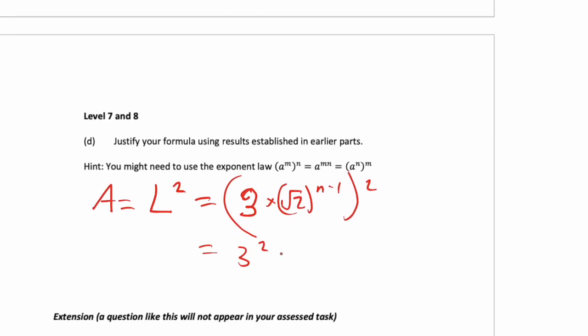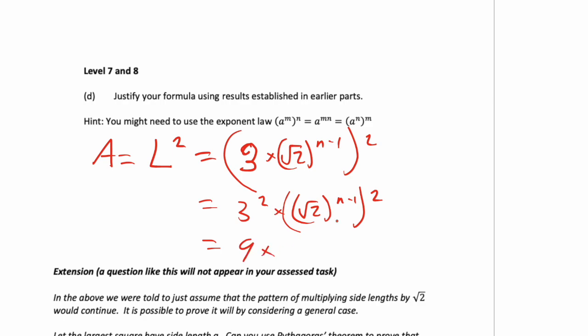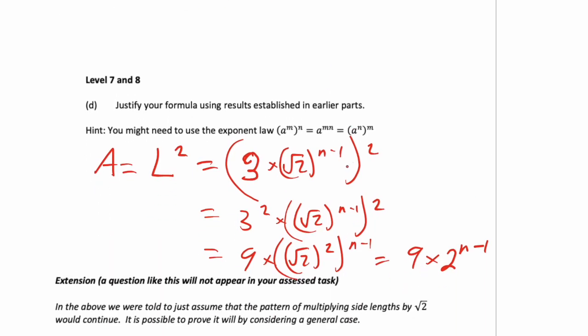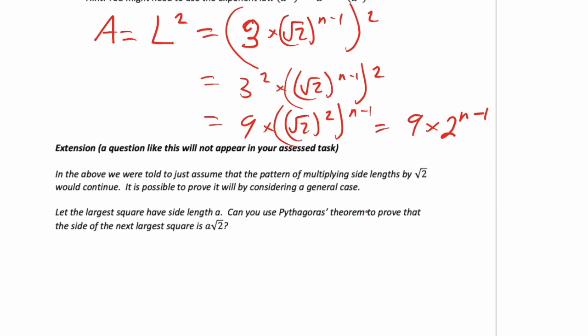That means 3 squared times root 2 to the power of n minus 1, squared. Okay, so that means 9 times, and you can swap the n minus 1 and the 2 around. So this is like root 2 squared to the power of n minus 1, and root 2 squared is just 2. And that's why it's 9 times 2 to the power of n minus 1, which matches what we did before. Okay, so that's how you can justify that one.